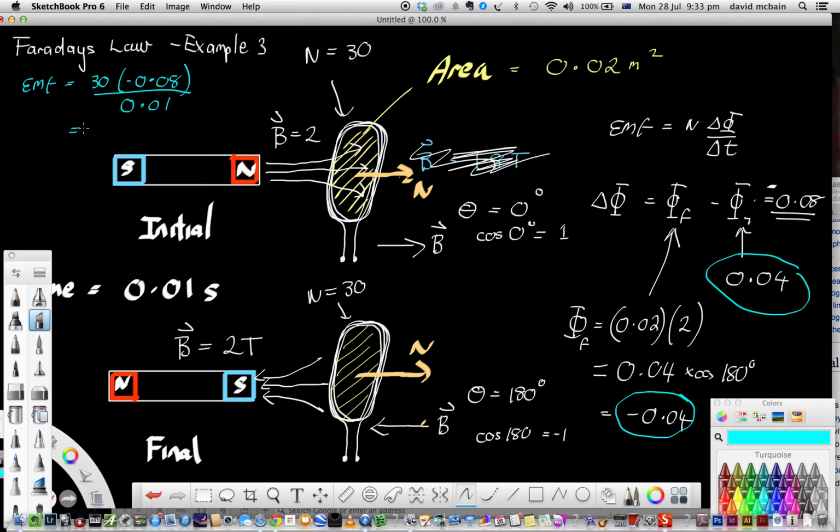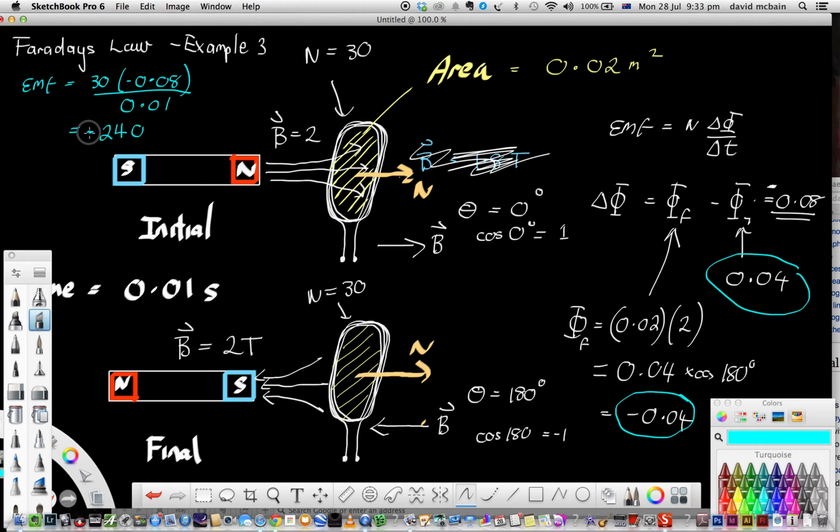And if we calculate that, that is 240 volts. The numerical answer is actually 240.